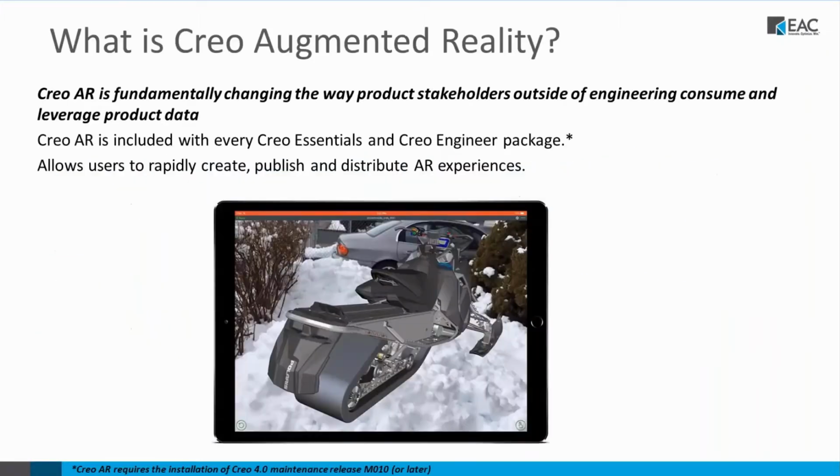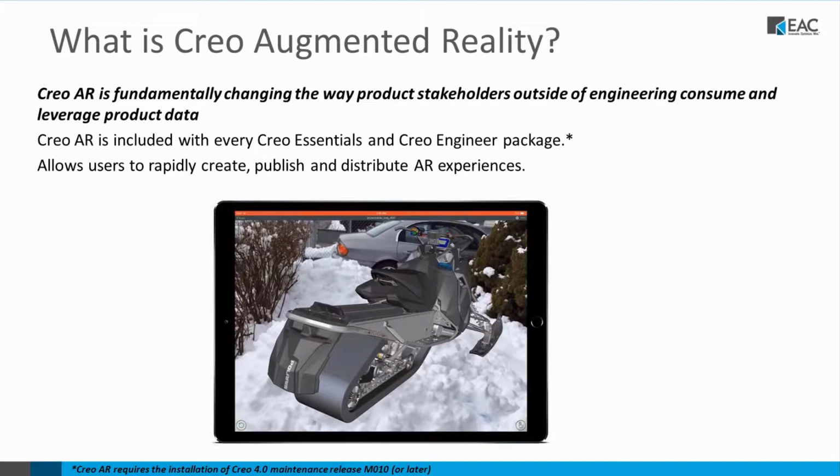So specifically around Creo augmented reality, the idea here is to be able to share your design intent with other people outside of engineering. So when you think of sharing information in engineering, what do you typically tell someone? Hey, go open up this file, go look at this, and it's not a problem. But when you start expanding out past engineering, it becomes a big issue, and we'll cover some of those issues here in a second.